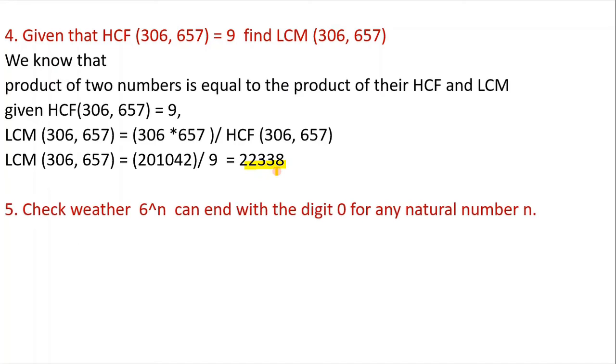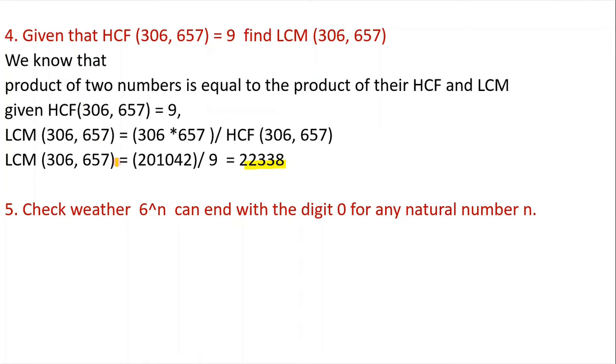Fifth sum. Check whether 6 power n can end with the digit 0 for any natural number n. He is asking whether, whatever the value of n you keep in 6 power n, it ends with 0 or not.